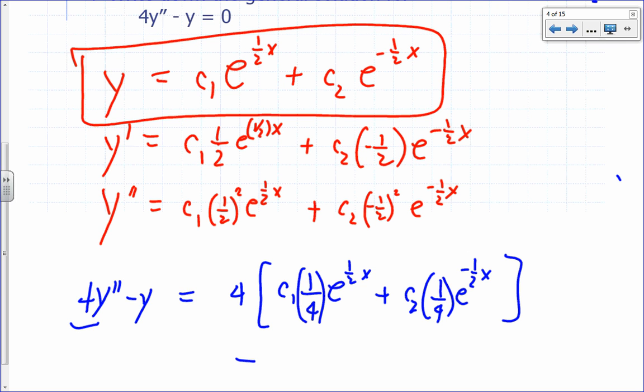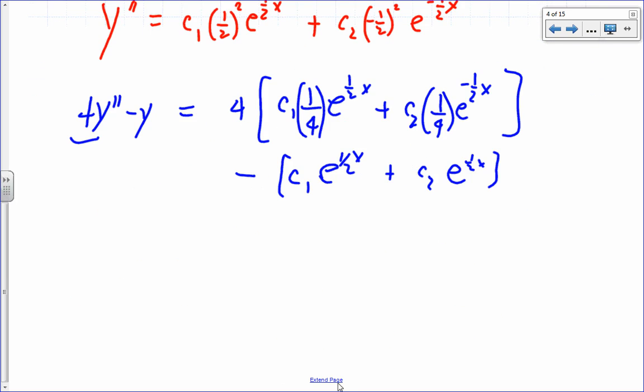Minus y, which is c1 e to the 1/2 x plus c2 e to the negative 1/2 x. Is that correct? I can factor out this 1/4 and cancel out the 4. And that whole thing is just equal to 0, right? Which is what we want, 4y double prime minus y.